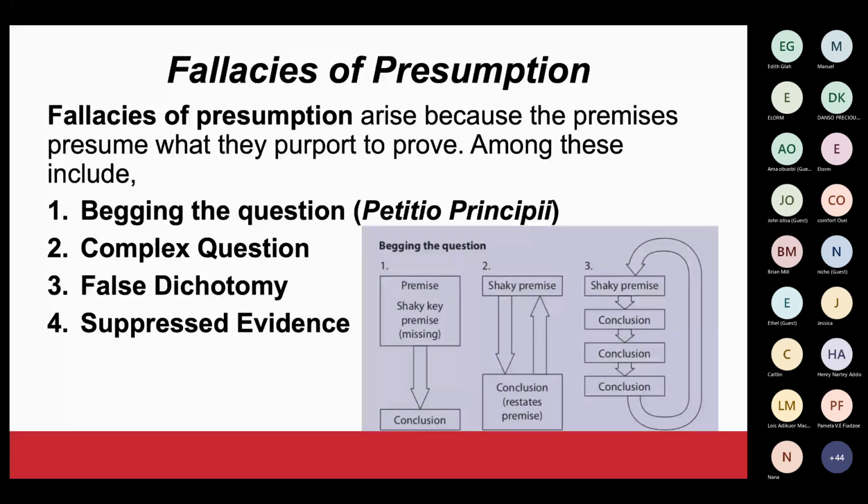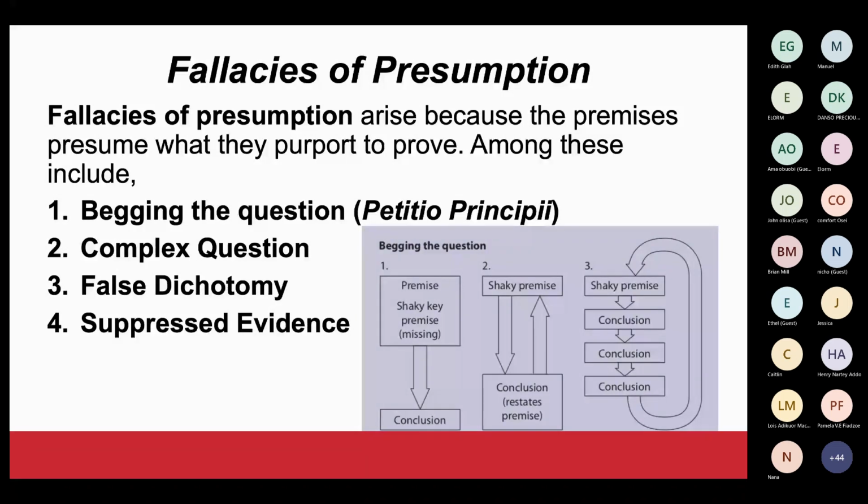And the first one is what? Begging the question. So you have premise one, a shaky premise, something is missing, and a conclusion is posted. Then two, a shaky premise, then you have a conclusion that restates the premise. What it tells you is that what you are saying and giving a conclusion for is shaky.